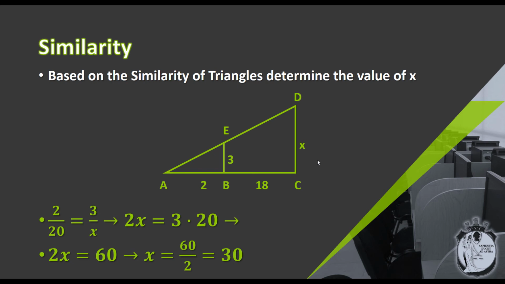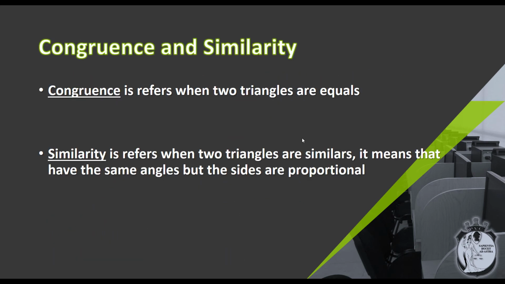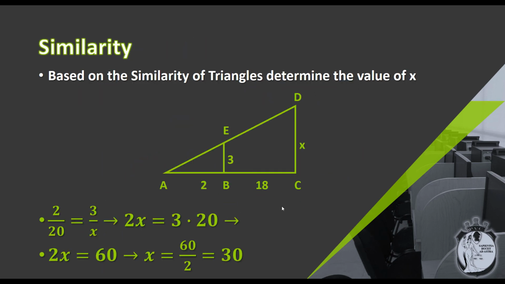But if you remember, this is proportionality. You can use the proportion here. For example, the proportion between the smaller triangle and the bigger triangle: the side AB measures 2, and the same side in the bigger triangle measures 20.